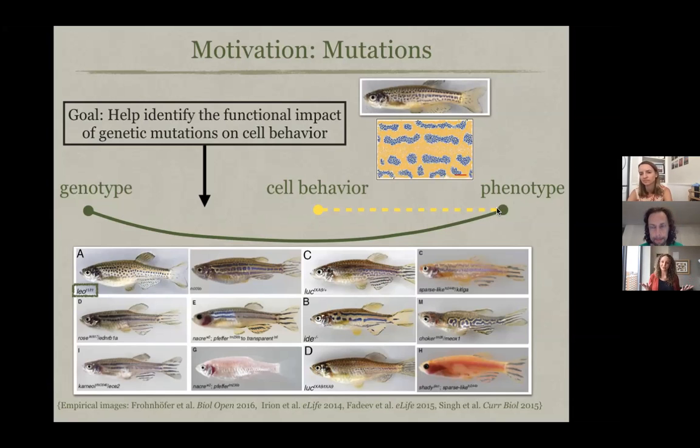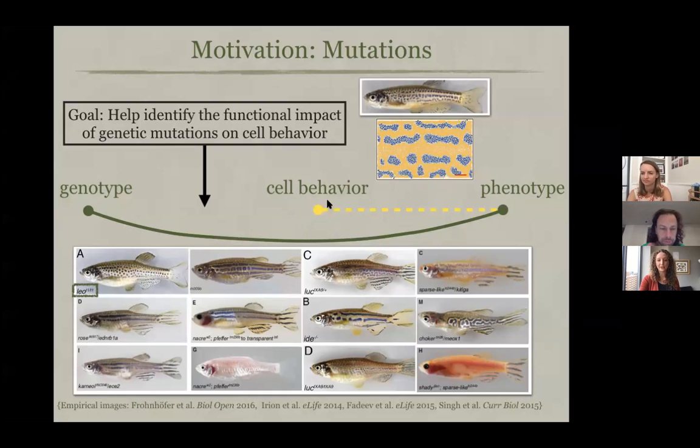But what is not known is how the change in gene translates into a functional difference in how the cells are behaving. So what we want to do from a mathematical modeling perspective is put forward descriptions of how the cells behave normally, and then, by changing cell interactions to create altered patterns, establish this yellow link so that we can link cell behavior to altered patterns.